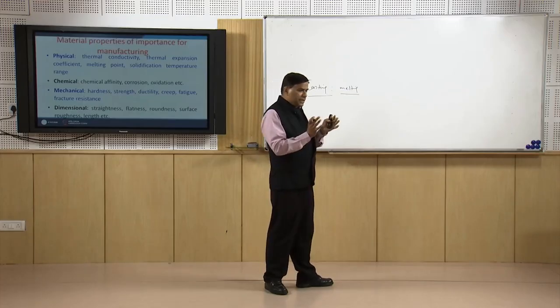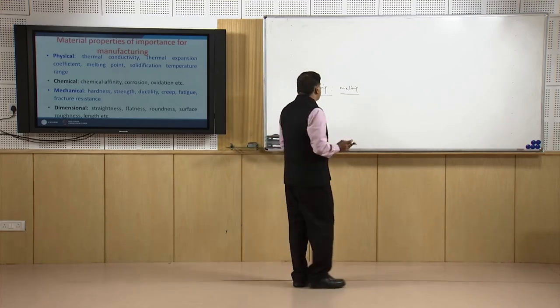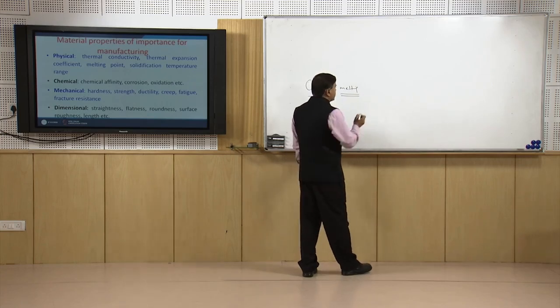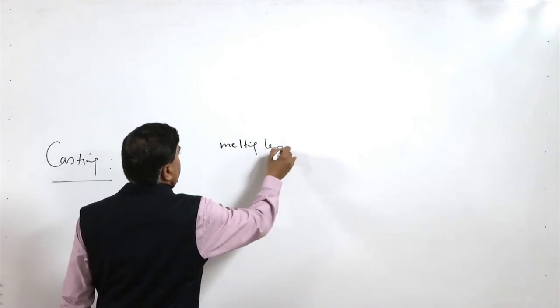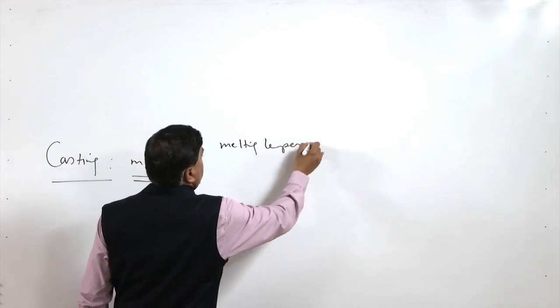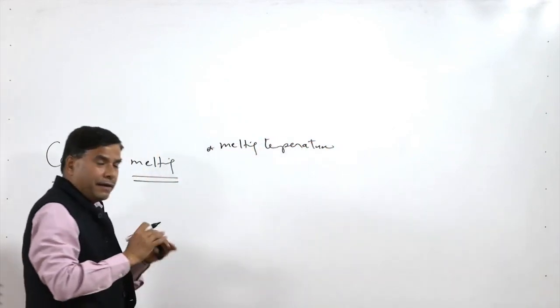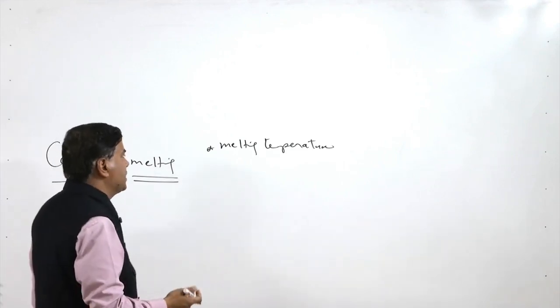After the solidification we will be getting the product. The things that matter for the casting process include the melting temperature of the material being processed. Higher is the melting temperature, greater will be the difficulty in bringing it to the molten state, so more will be the casting difficulties.